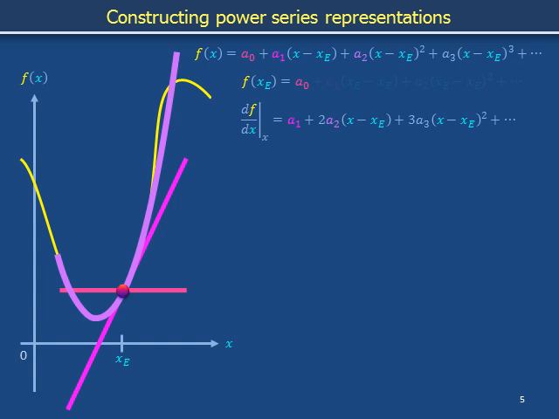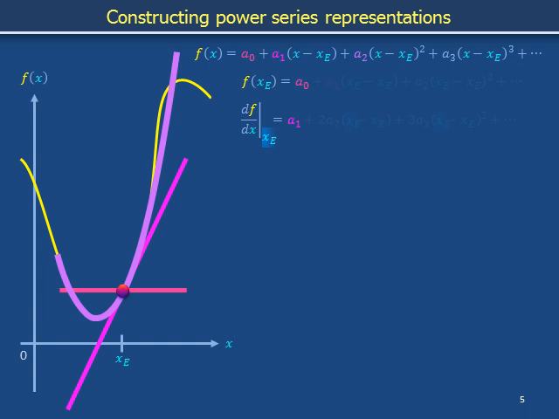We have a1 plus 2 a2 times (x minus x sub e) plus 3 a3 times the square of (x minus x sub e) plus successive terms that can be obtained using the power rule for differentiation. When we evaluate this series expansion for the first derivative at x sub e, all the binomials again vanish, leading us to conclude that a1 must be equal to the derivative of f evaluated at the expansion point x sub e.